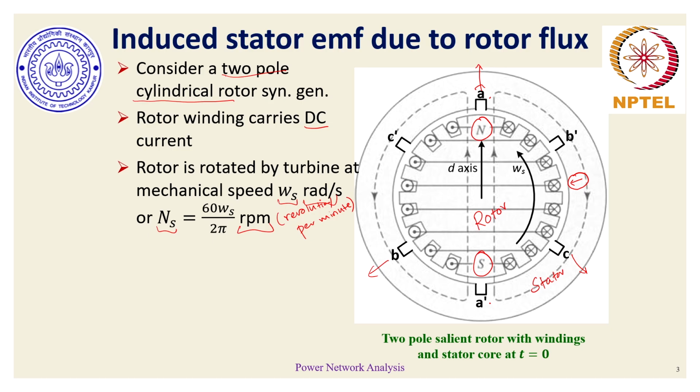And as this magnet rotates in the anti-clockwise direction at a mechanical speed of omega s radian per second, it is likely that this magnetic needle which is placed over here would also experience different fluxes at different points of time.